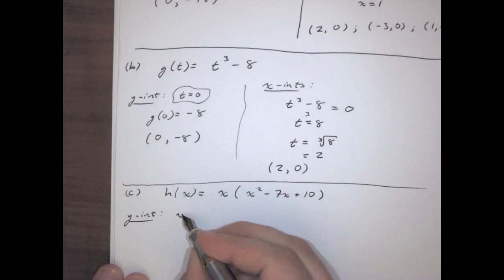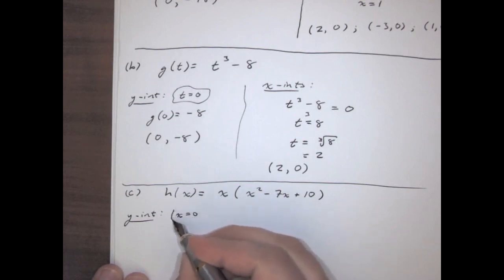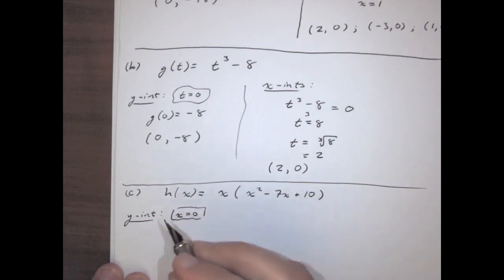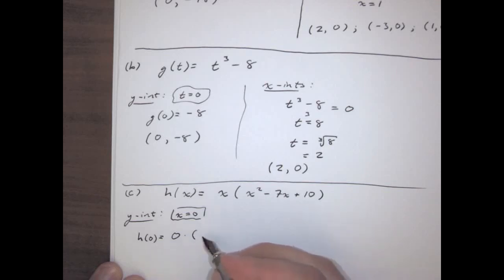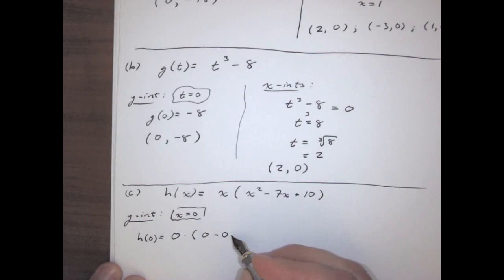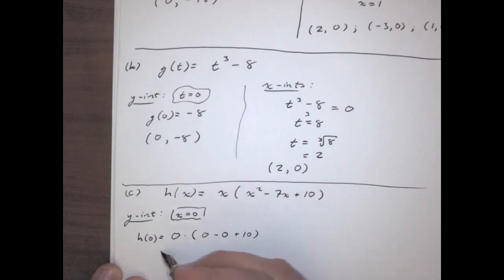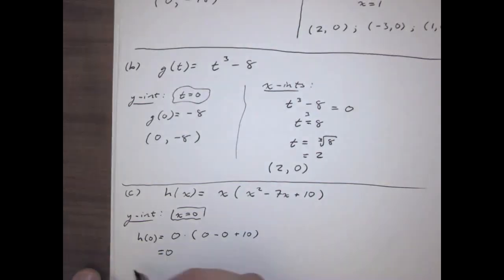You just set the input equal to 0. So h of 0 is going to equal 0 times 0 minus 0 plus 10. Well, 0 times 10 is equal to 0, which gives you 0, comma 0.